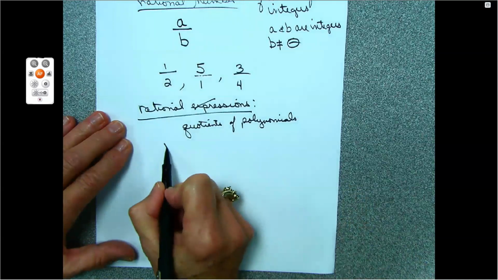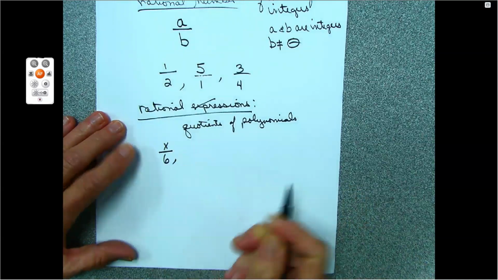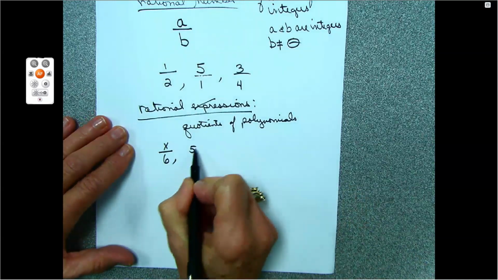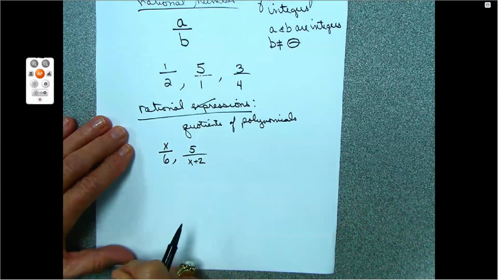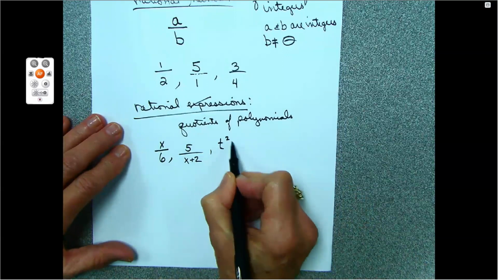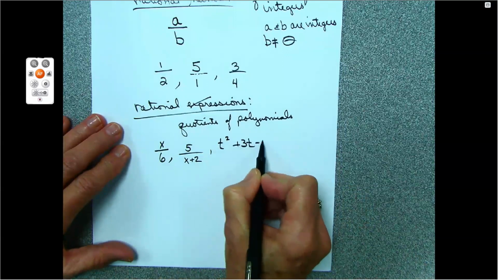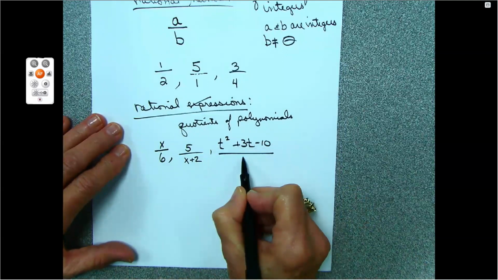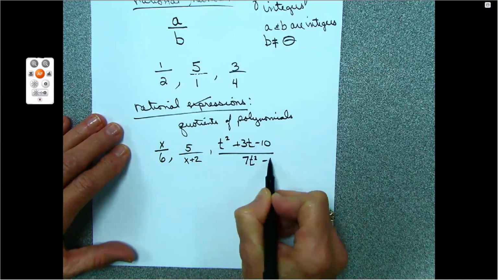So we could have x over 6, maybe 5 over x plus 2, t squared plus 3t minus 10 all over 7t squared minus 4.